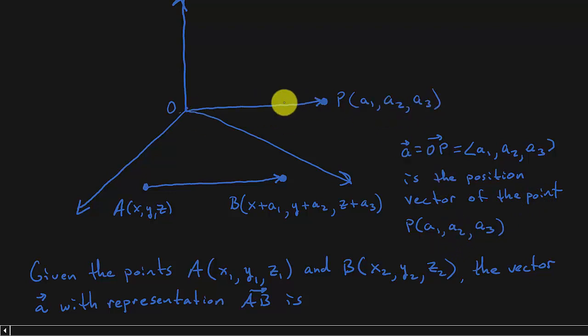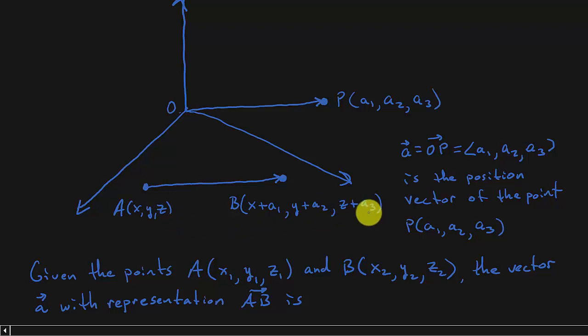So this is your position vector. The x goes over a1 units, the y is plus a2, and the z is plus a3.